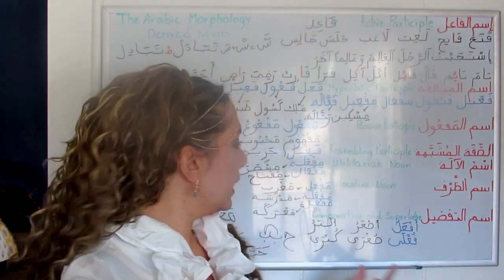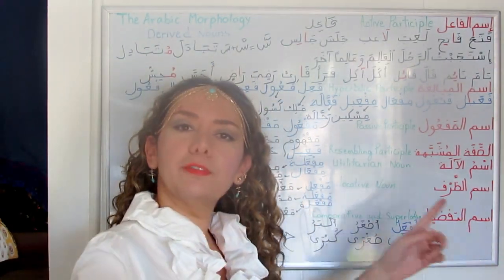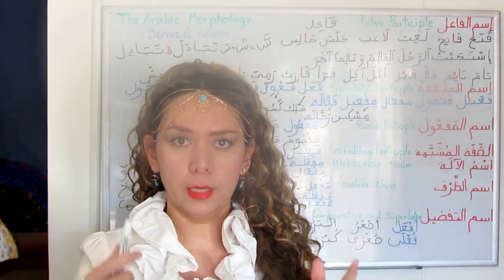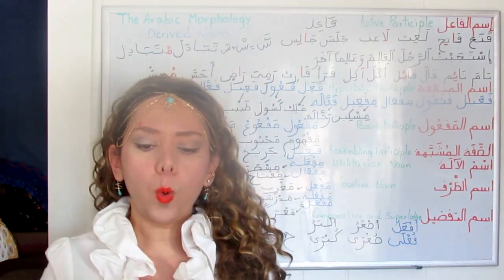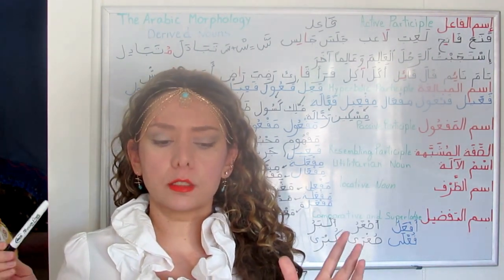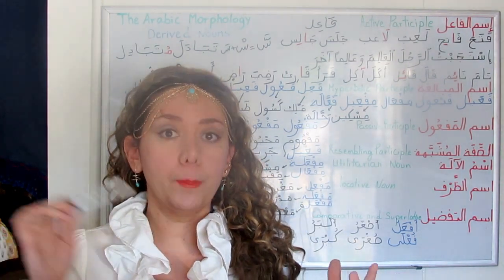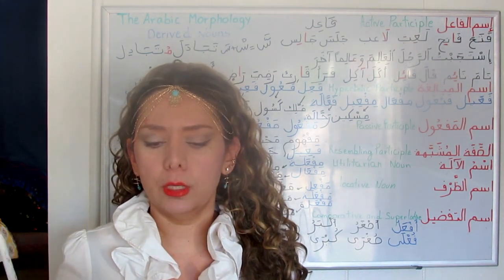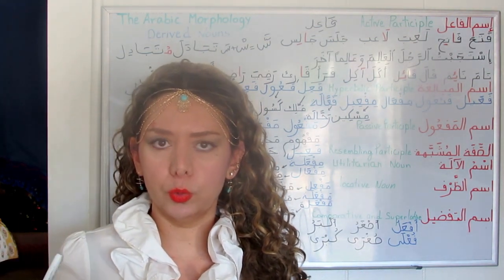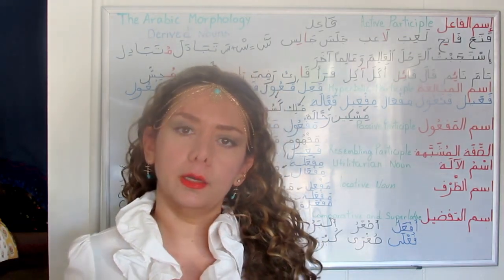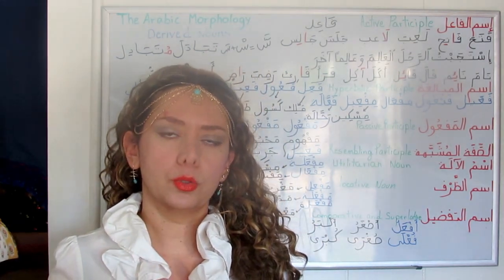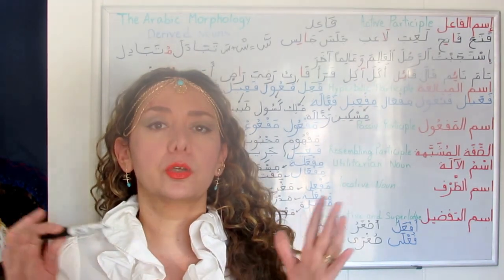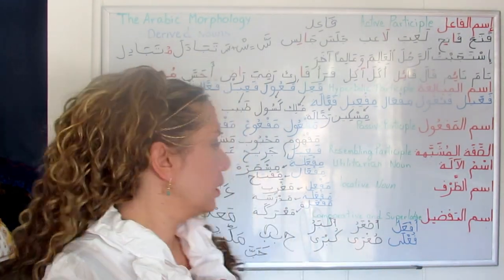And the last one is اسم التفضيل, the comparative and superlative, the relative noun. It is the one who enacts the base meaning the most. There is only one word form used to indicate the root meaning being carried out to a greater extent as well as the greatest extent.